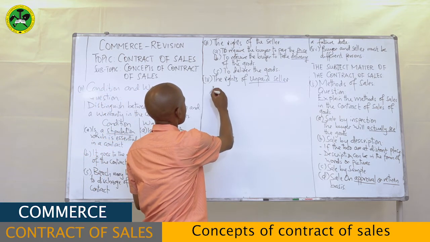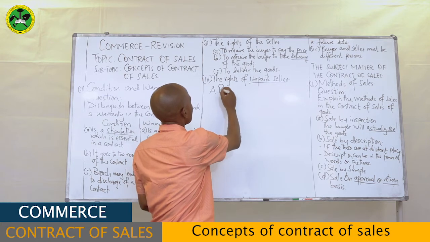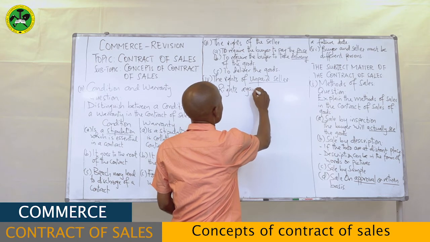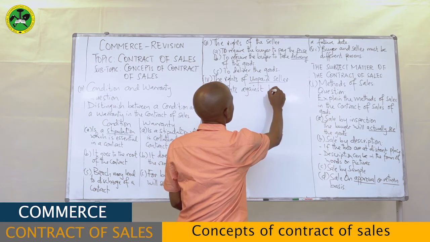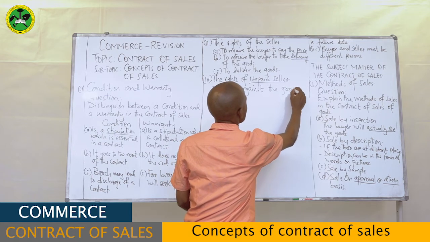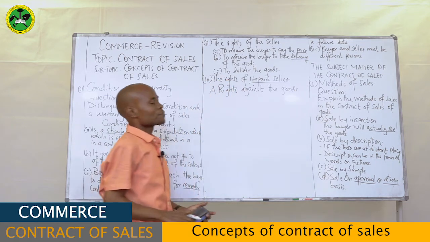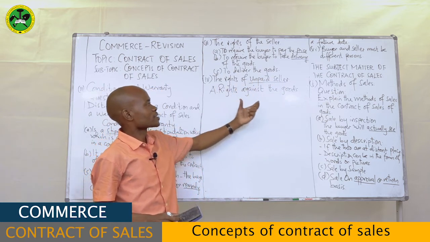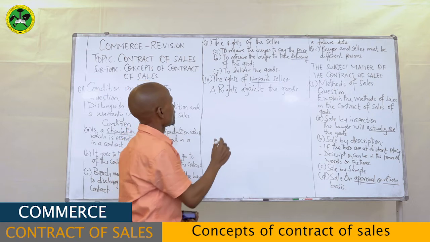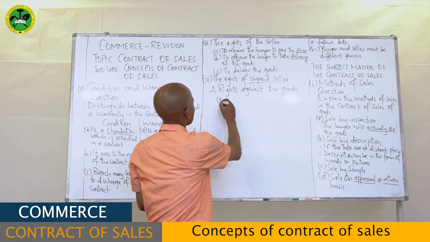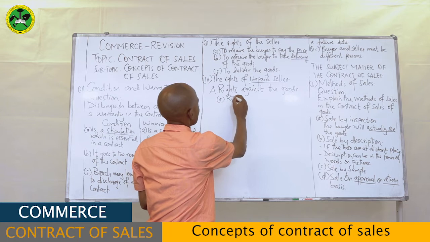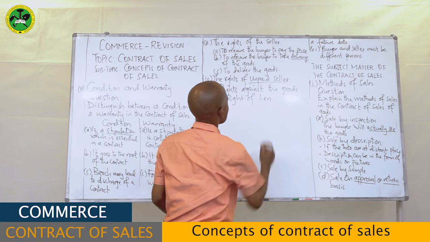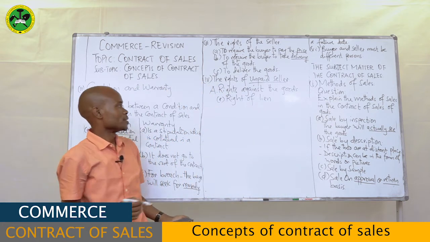The first part will be about rights against the goods. So if the seller is not paid, what will be his rights against the goods? Here, one is the right of lien.